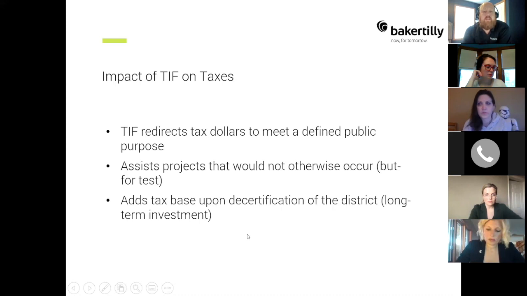There is another benefit to TIF, is TIF does capture the combined taxes of the city, the county, and the school district. One of the things that is slightly unique about TIF is property taxes. Most of it's tax capacity based, which I explained before, but there are certain components of taxes known as referendum market value based taxes.